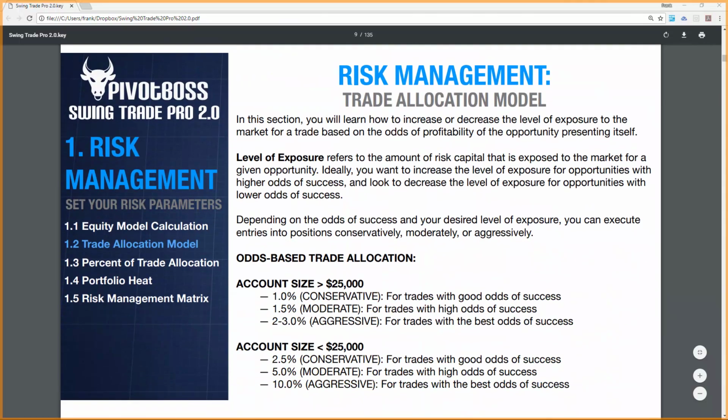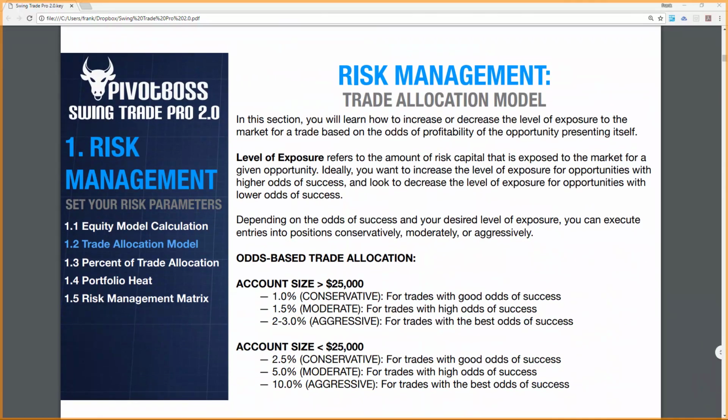Now when it gets to trade allocation in terms of identifying great odds, this is basically where you really get to the meat of things. Again, when you're looking at the odds of success for a given opportunity, if the odds of success are strong, allocate more. If the odds of success are lower, then allocate less, right?